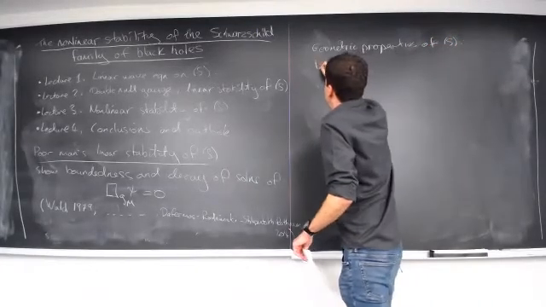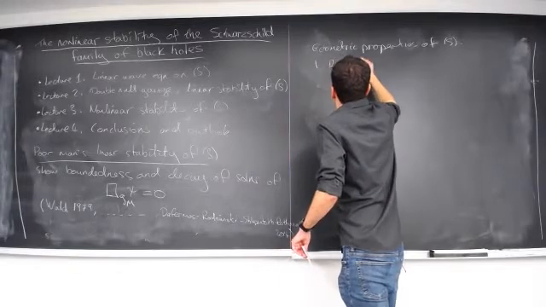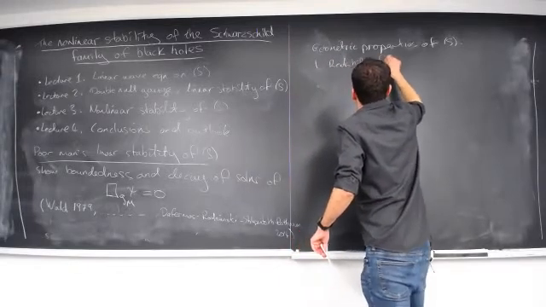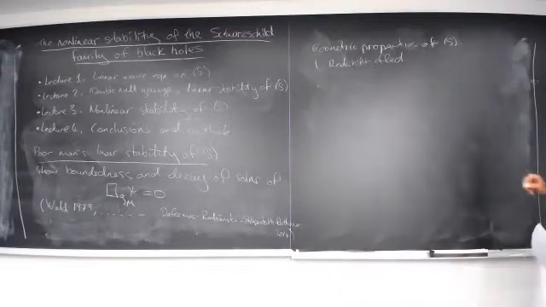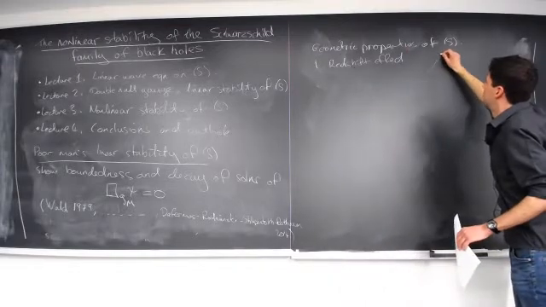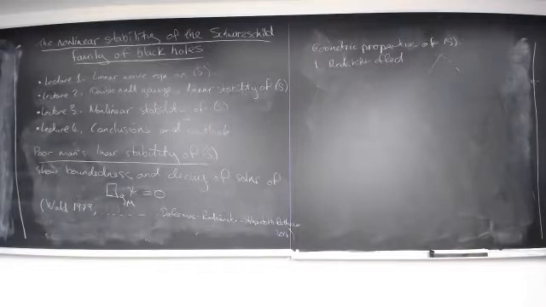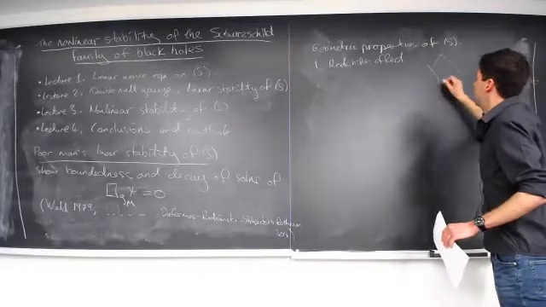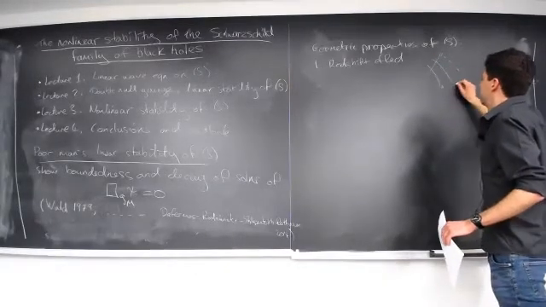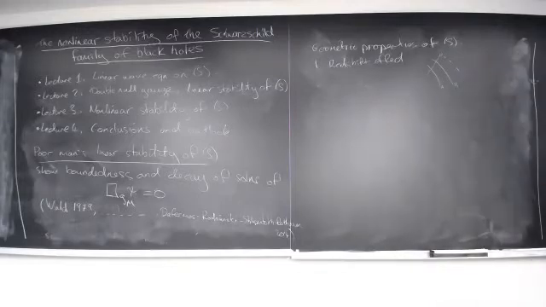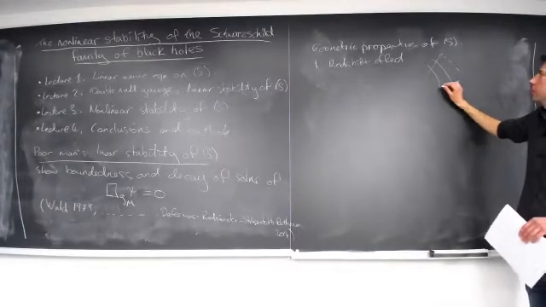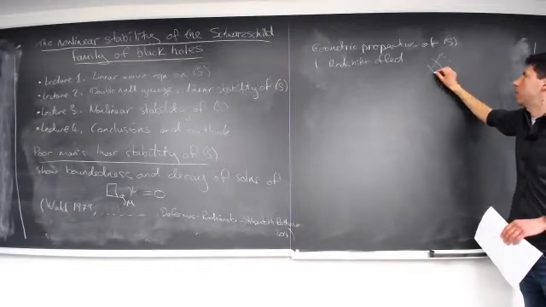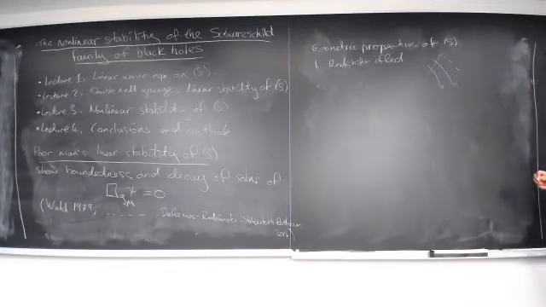So the first is called the redshift effect. If we have two observers in the exterior of Schwarzschild, observer A crosses the event horizon, and observer B crosses the event horizon at a later advanced time, then the frequency of signals sent by A will be exponentially shifted to the red when they're received by B. And this exponential redshift has a damping effect on waves, which will be exploited.